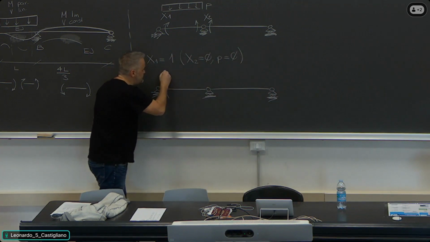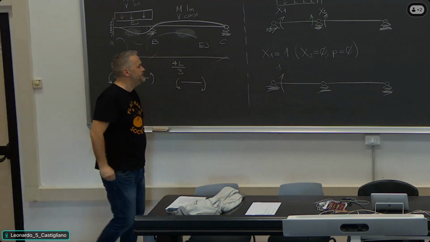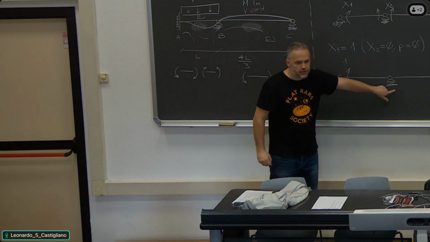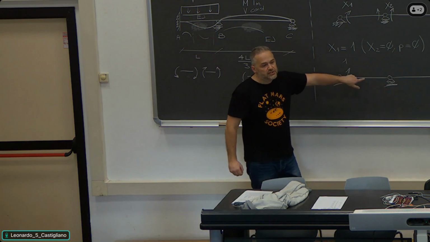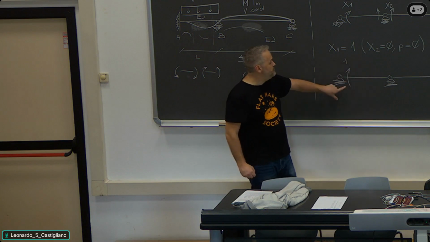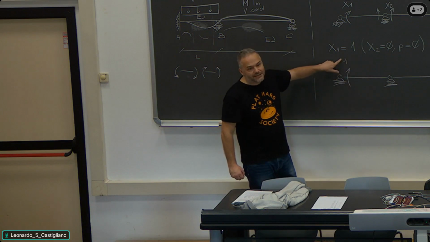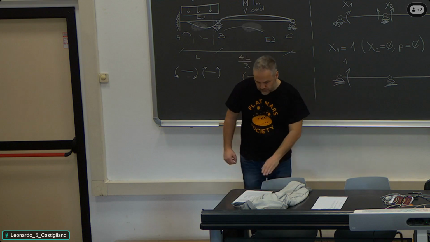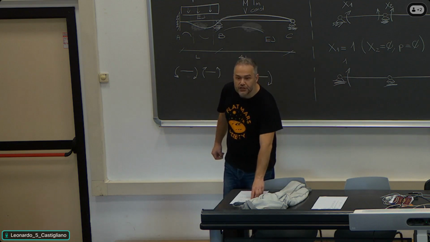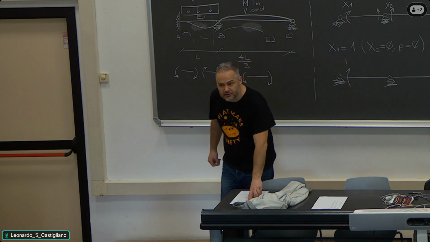So what happens to a beam which is simply supported, hinge, with a length which is L, a bending stiffness which is EJ, when a bending moment equal to 1 is applied at one end? You look at the back of the page and you see that there are two rotations, one at the first end, one at the second end.